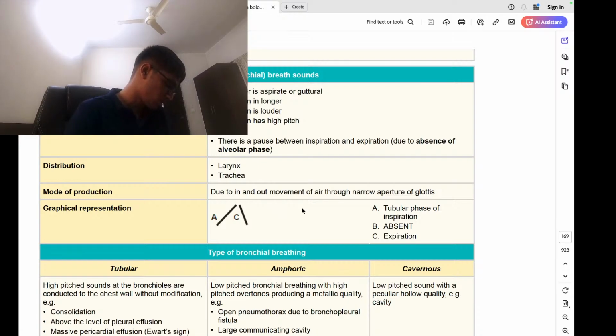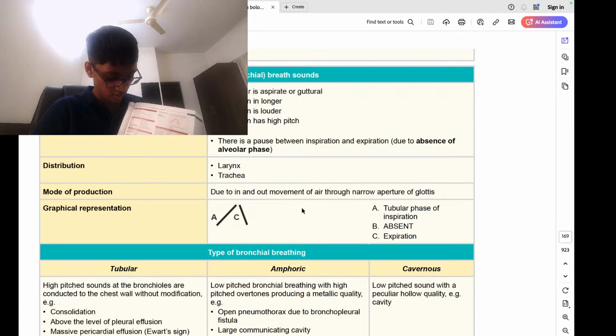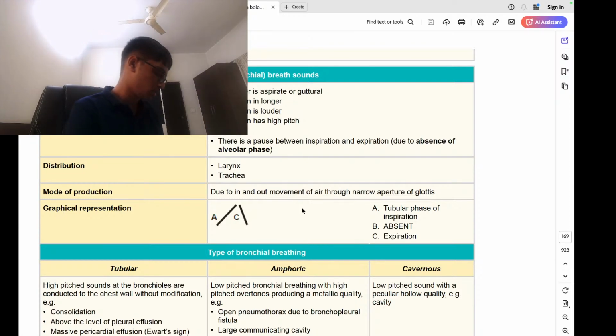Most of the things are the same, but yes, they have changed the inspiratory and expiratory ratio. It is now 2 to 3:1. It is not 4:1.